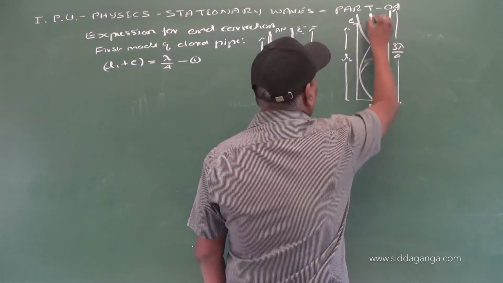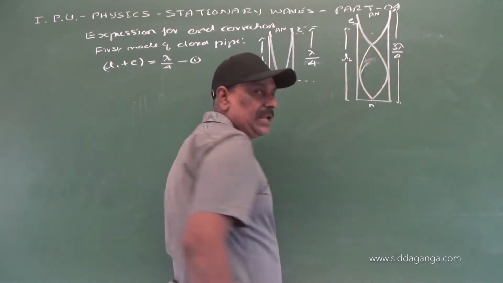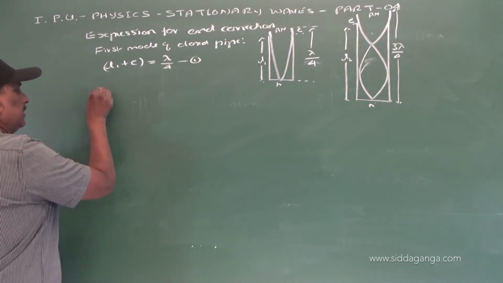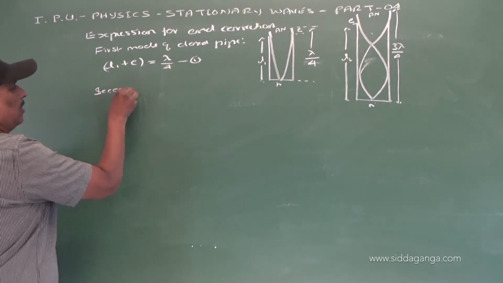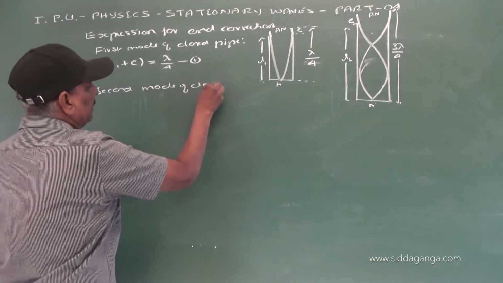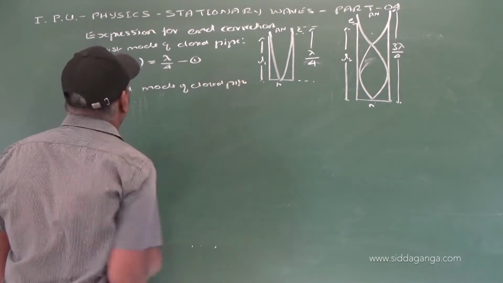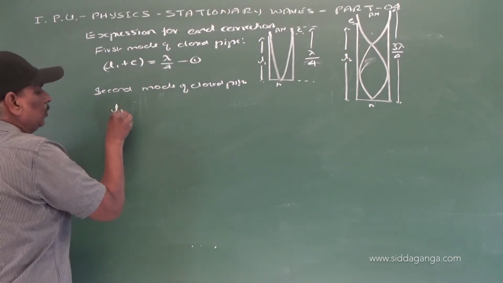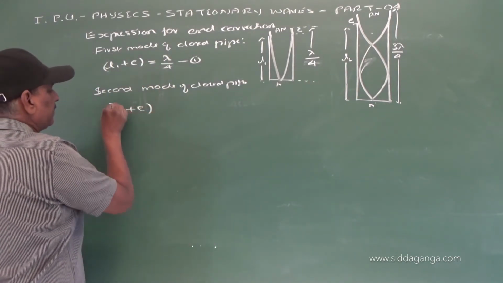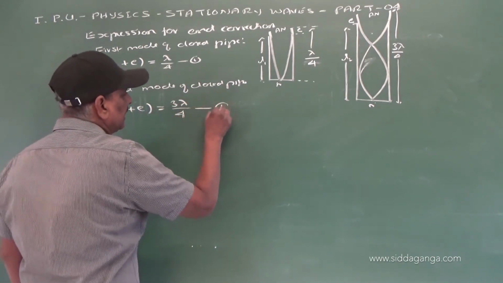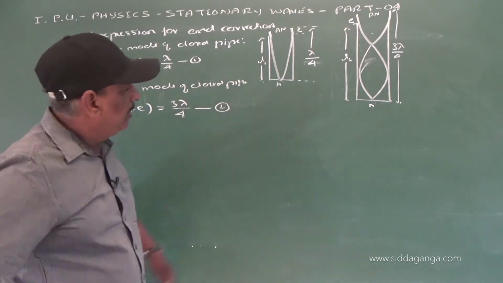This is node, this is antinode. Now for the second mode of closed pipe, we have L2 plus E is equal to 3 lambda by 4. Let us take it as equation 2.